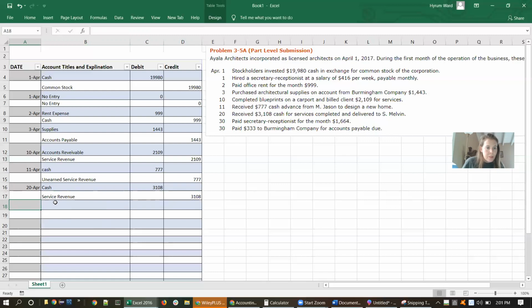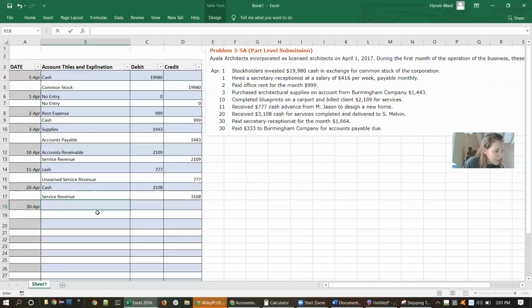And then we go to April 30th. There's 2 transactions for April 30th. And the first transaction says that we paid our secretary receptionist for the month $1,664. And so we're going to put salaries and wages.